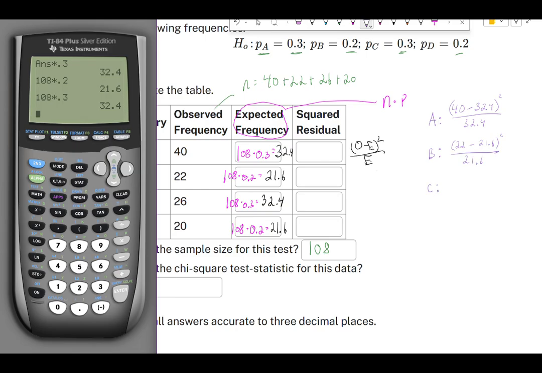For C, we're going to do 26 minus 32.4, squared, over 32.4. And then for D, we're going to do 20, observed, minus the expected, over 21.6.